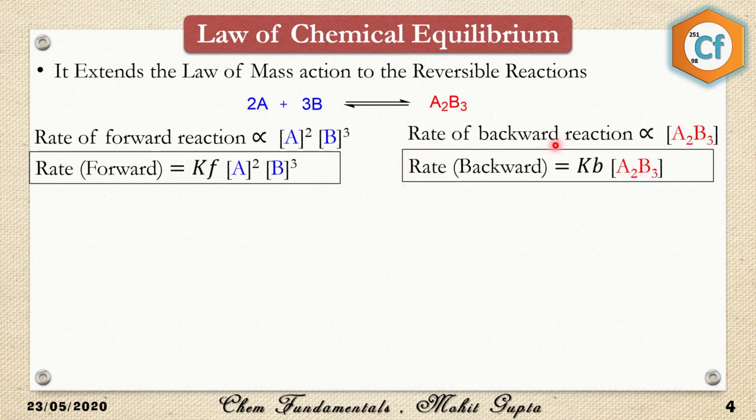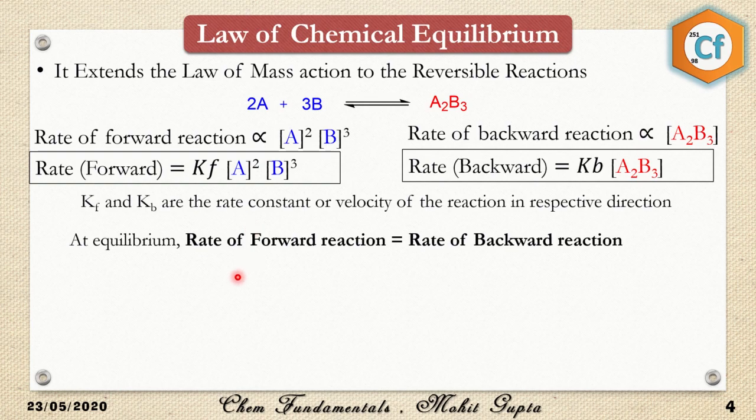Similarly, the rate of the backward reaction is directly proportional to the reactant, and for the backward direction the reactant is A2B3. Since its stoichiometric coefficient is 1, we won't put anything here. In order to remove the proportionality sign, we place a constant Kb, where Kb is the constant for the backward reaction, and now we can replace the proportionality with the equals sign.